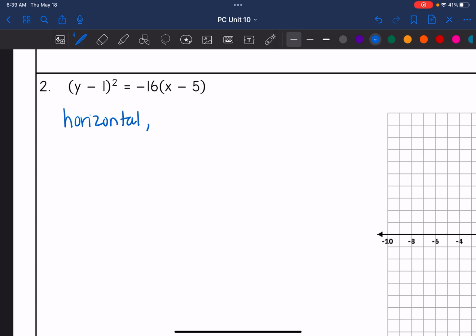We need to say which direction. So you look at what's not in parentheses. So for us, it's -16. The fact that it's negative means that it's going to open to the left. So after we get all our numbers and points, it should end up looking like a parabola that's pointing that direction.